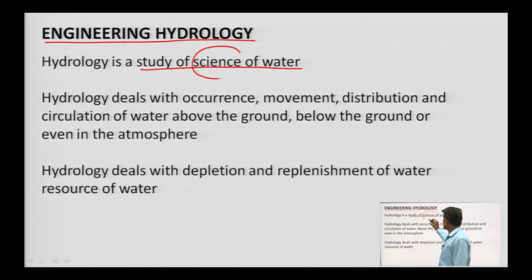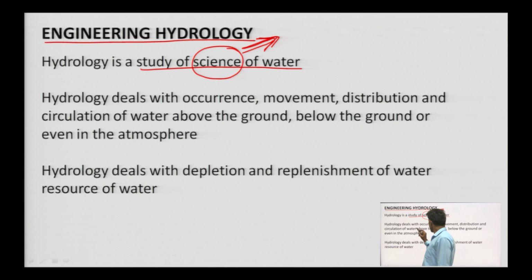This science is related to the availability of water on the planet: what quantity will be available, where, and how, what forecasting procedures we should follow, and what procedures to follow in case of droughts and flooding. This is what we study under hydrology, the availability of water within the planet.